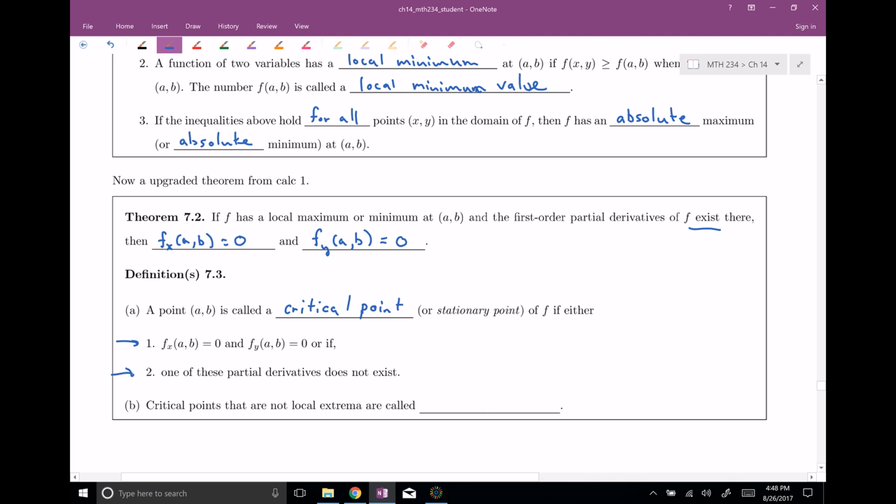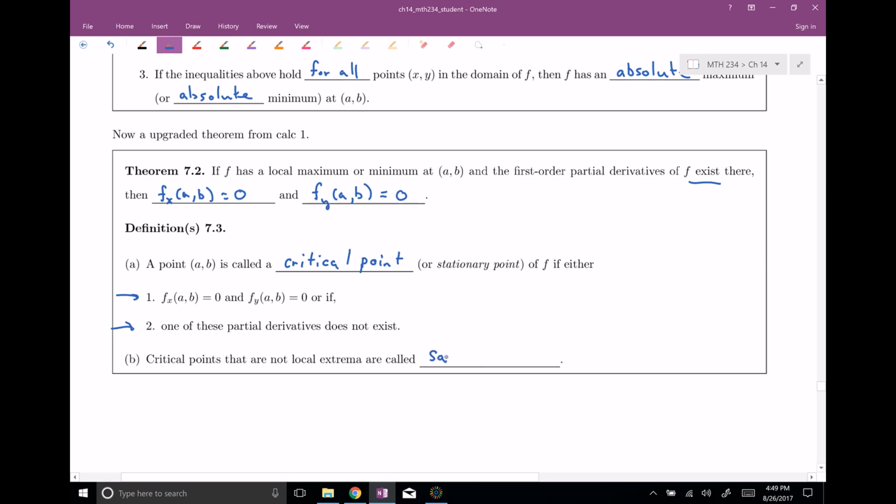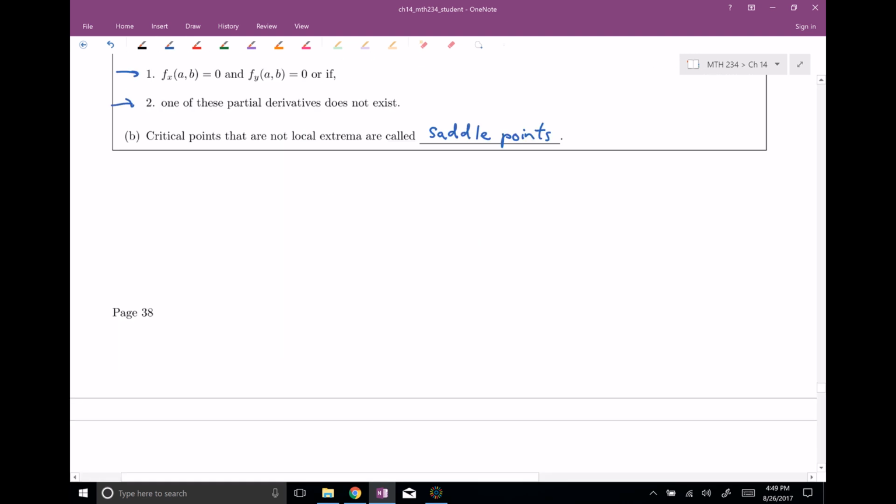In that case, if either one of these partial derivatives doesn't exist, we're still going to consider this a critical point. Critical points that are not local extrema, so not local mins or local maxes, are going to be called saddle points. And we'll see why. It's because the graph looks like a saddle at these points. We'll do that in class. We'll actually show some saddle points.